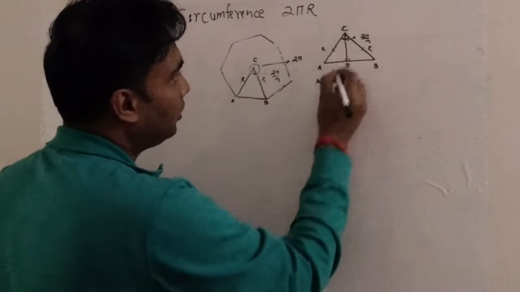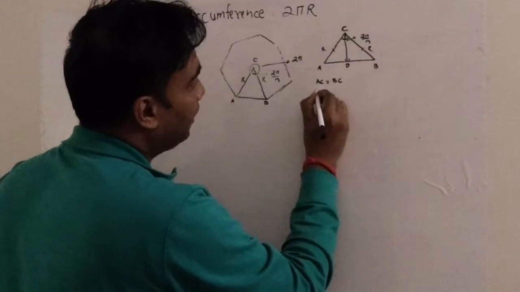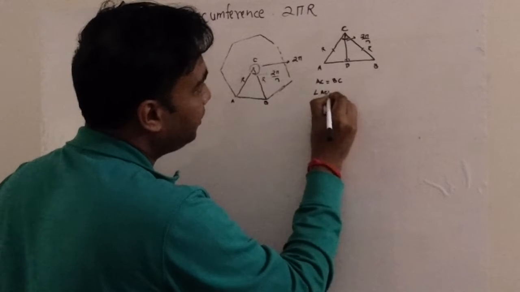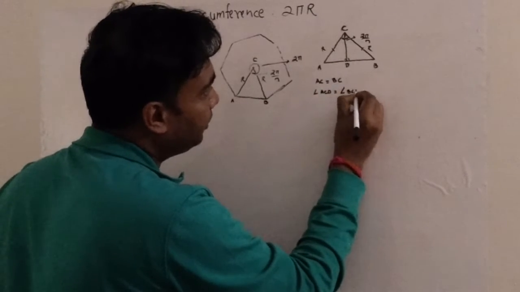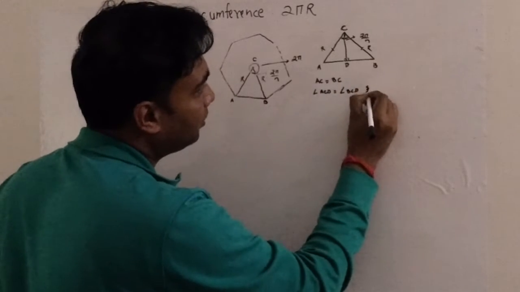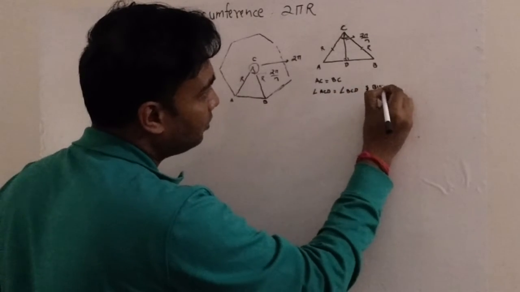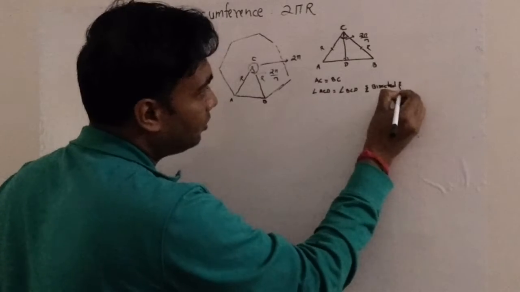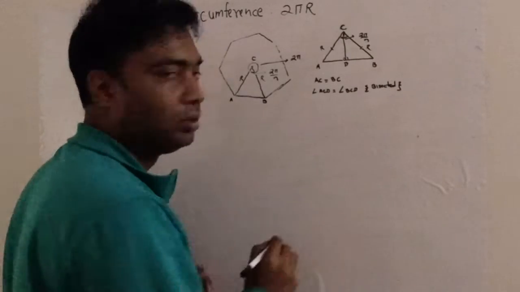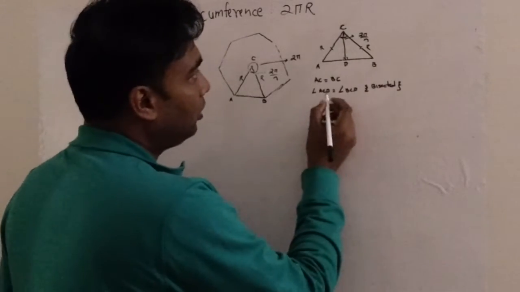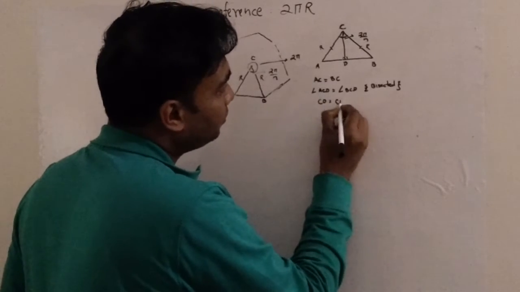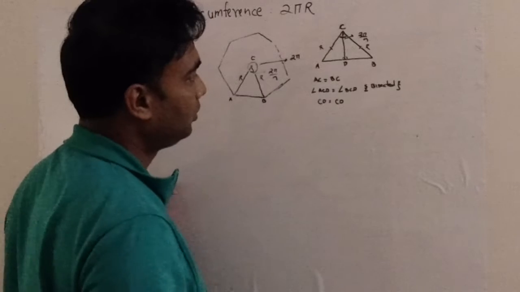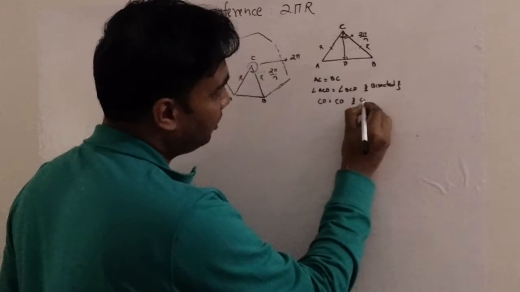Now, angle ACD is equal to angle BCD, because we have bisected it. Now, CD is equal to CD. This is common.